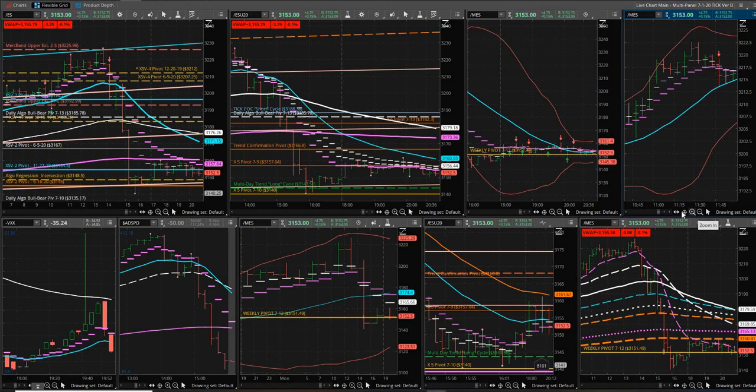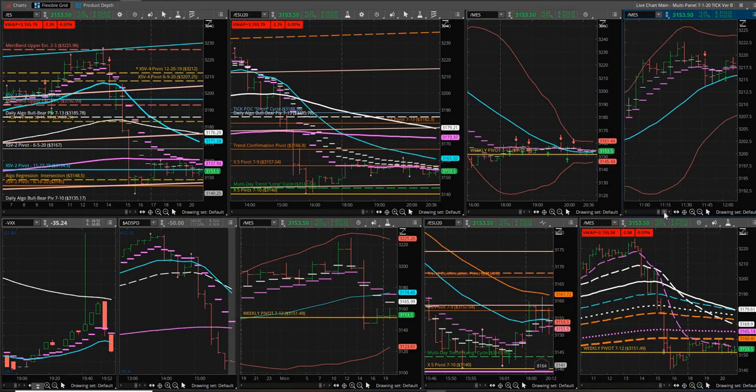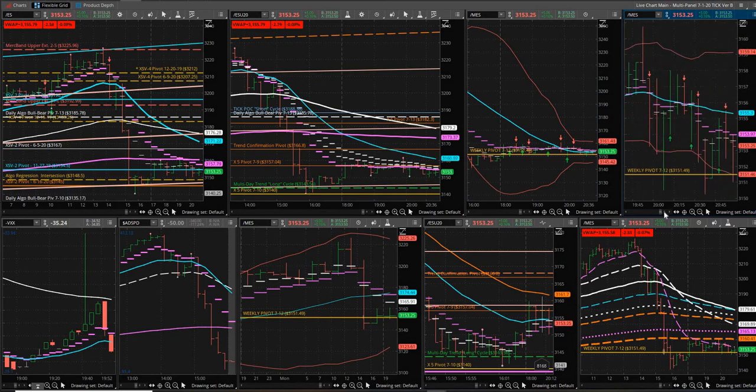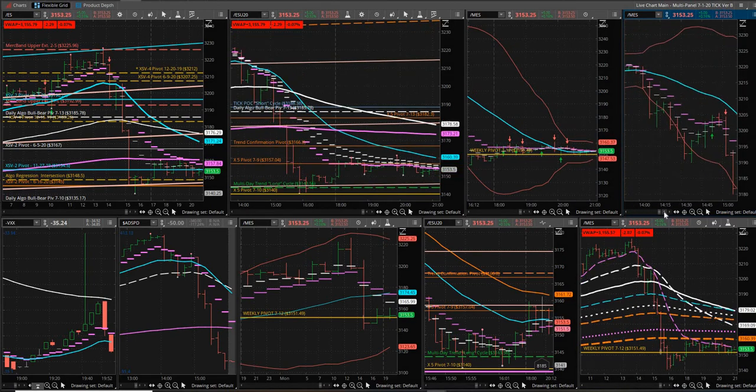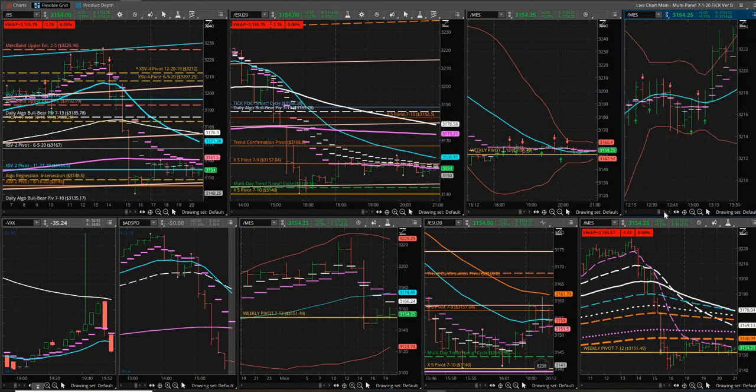in fact, let's go back to this morning. Let's pull this all the way forward and just work our way back. Because if you're just trading off a Bollinger Band and price is below it and it comes up to the Bollinger Band, how do you know whether to buy or sell?